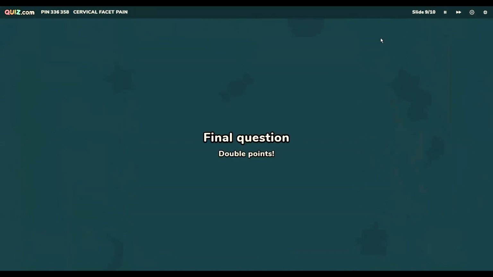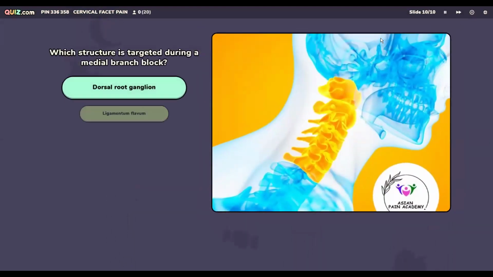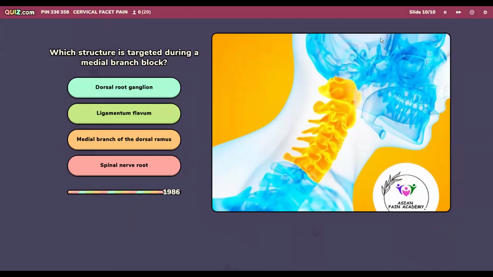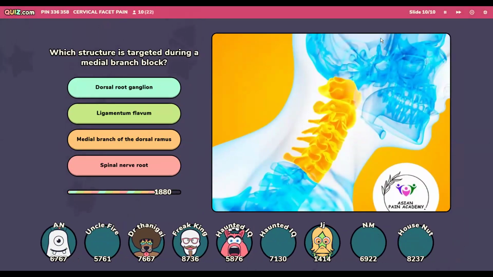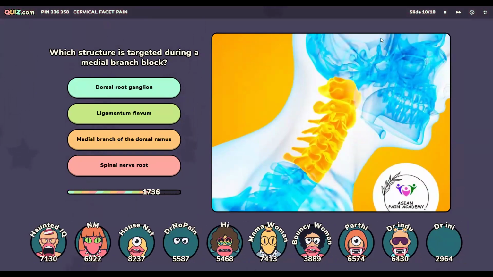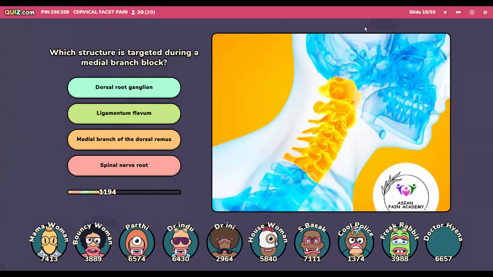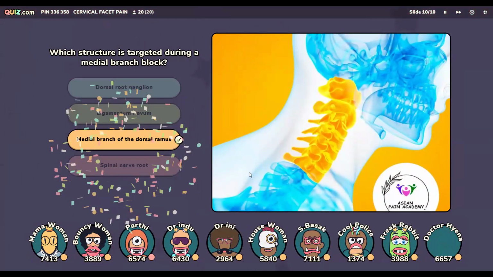Final question. Double points. Which structure is targeted during a medial branch block? Medial branch of the dorsal ramus.